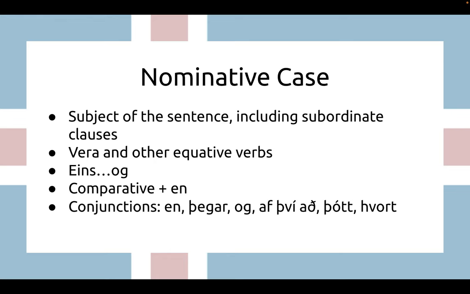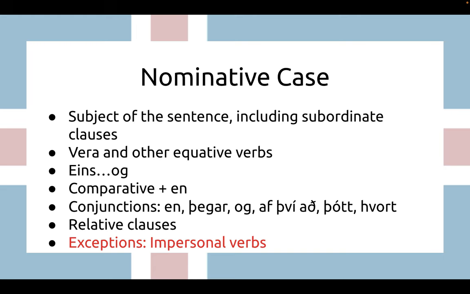It's used with a whole bunch of other conjunctions, which we're going to talk about each one specifically. And then it's also used for the subject of relative clauses, and we're going to talk about what that means. At the end of the video, we're going to talk about the major exception for using the nominative case as the subject. We're going to talk about impersonal verbs, which turn everything around a little bit and make it a little more complicated.